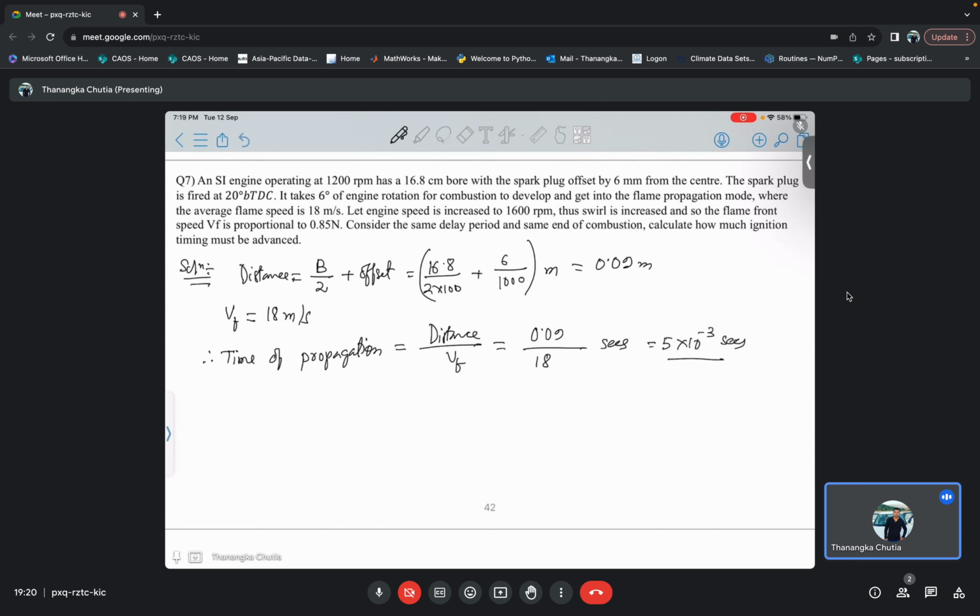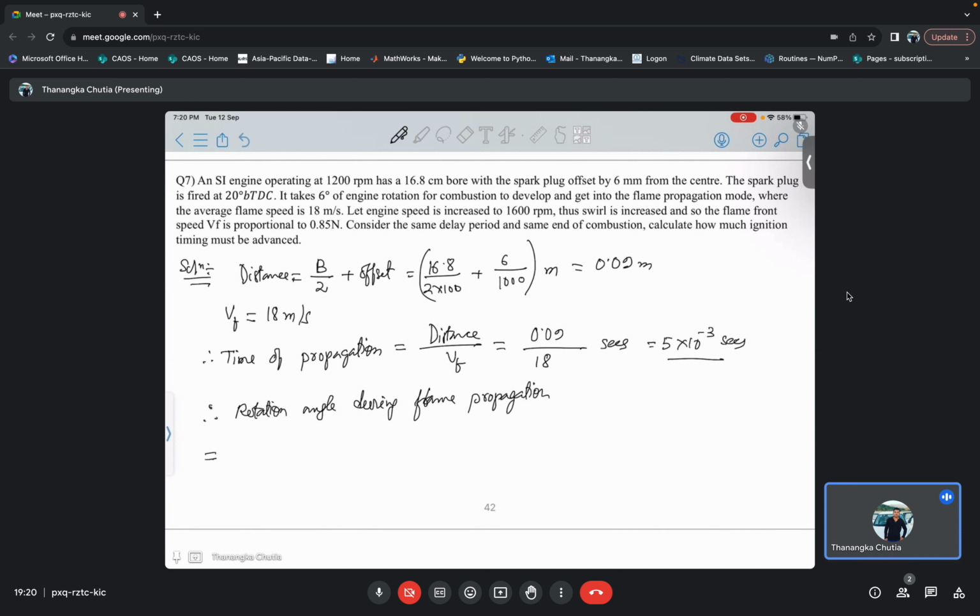Now these seconds we can express in rotation angle also. So the rotation angle during flame propagation is equal to what?